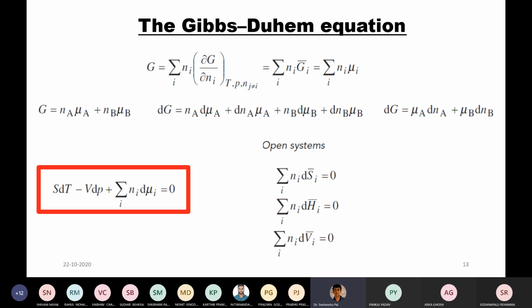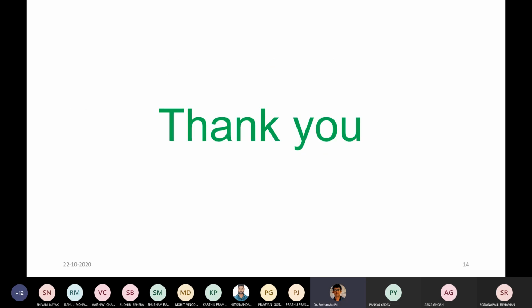This is the Gibbs-Duhem equation, and it is a very important equation for understanding how an extensive property like Gibbs free energy varies for different systems like open systems. Then you can write all the corollary expressions for the open system to represent the Gibbs-Duhem equation. So today's class is over. Thank you so much.